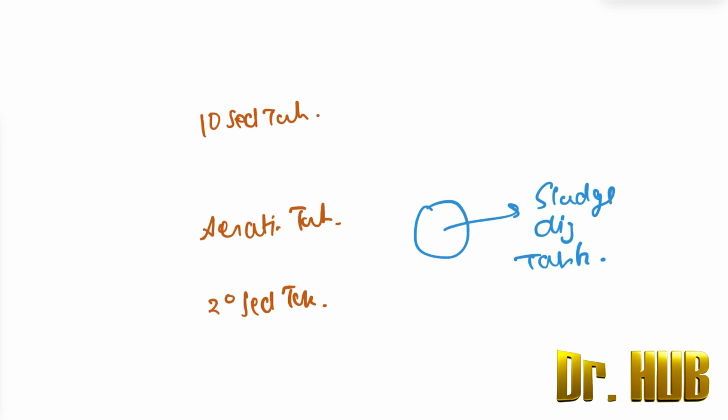Here, the sludge from the primary sedimentation tank goes to the sludge digestion tank. This will be the secondary sludge.